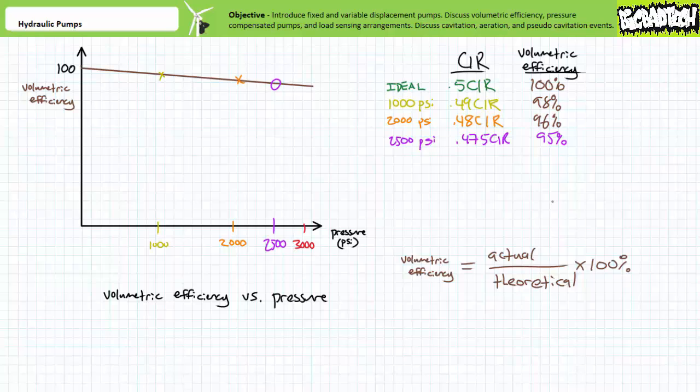Points on the volumetric efficiency graph can be extrapolated to show that at 2,500 psi, the pump might have a volumetric efficiency of 95%, or a displacement of 0.5 times 0.95, or approximately 0.475 cubic inches per revolution.